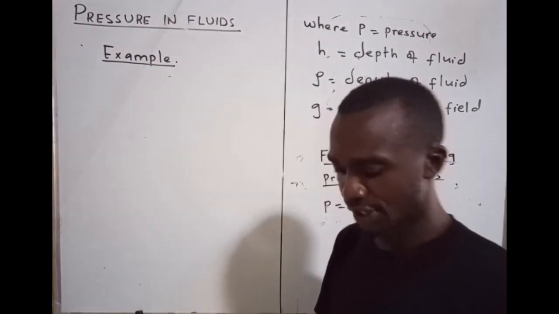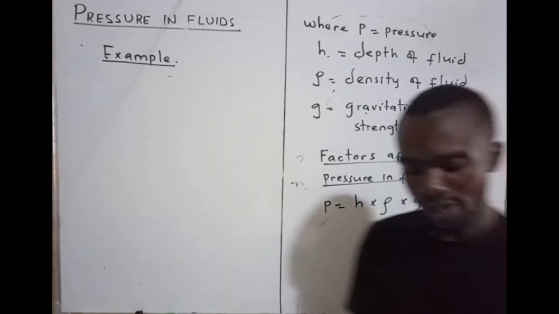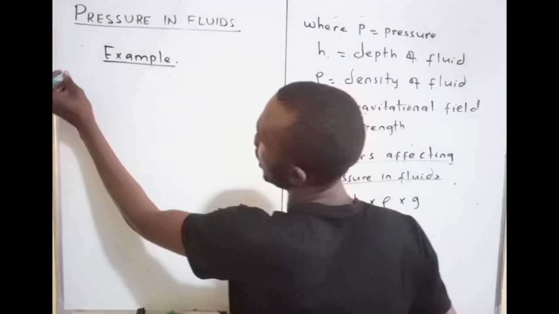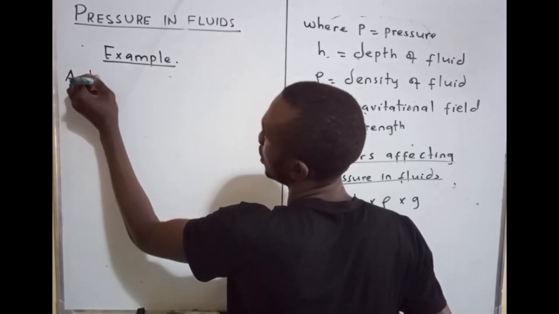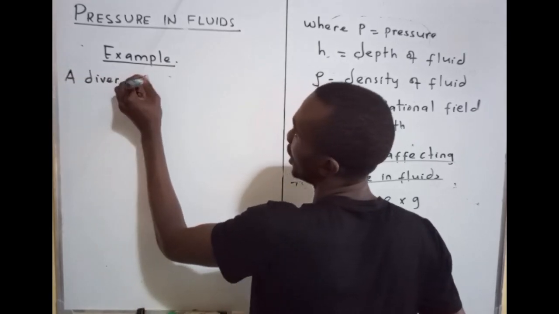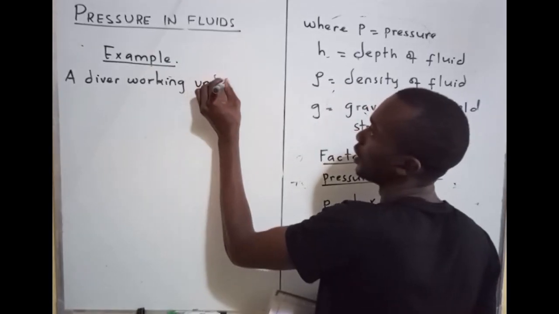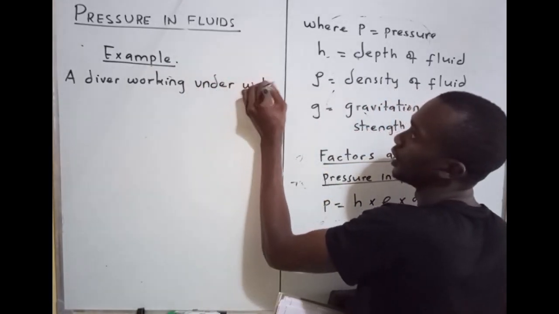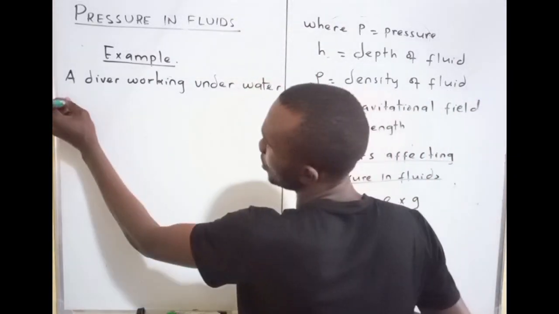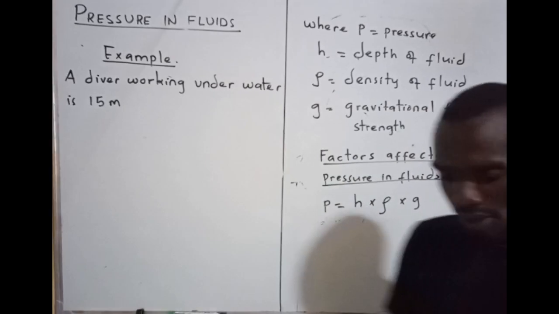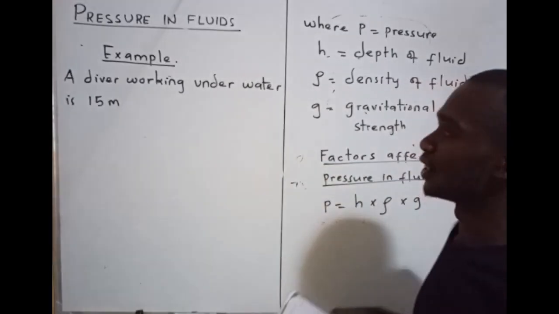And the question reads, a diver working underwater is 15 meters below the surface of the sea. Let me just write it on the board. A diver working underwater is 15 meters below the surface of the sea.